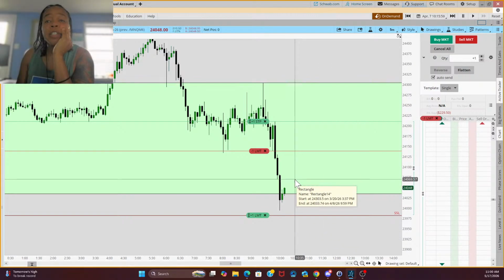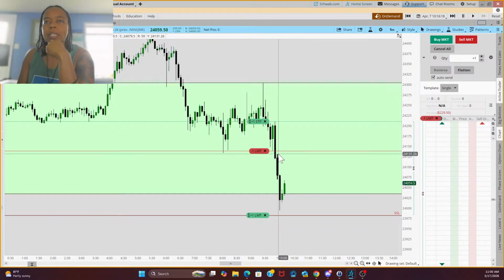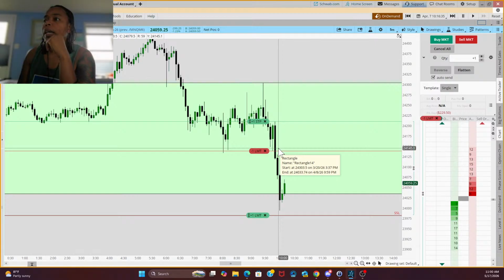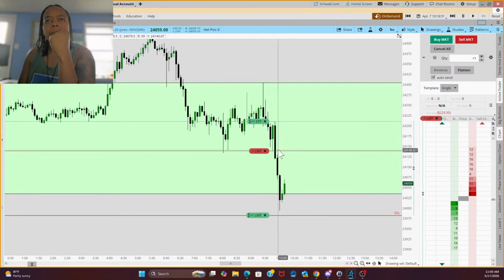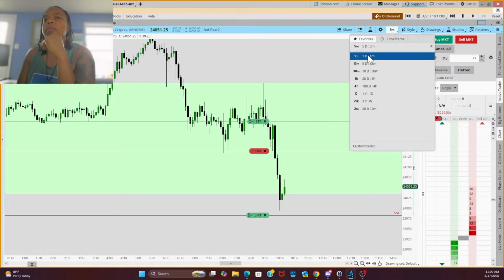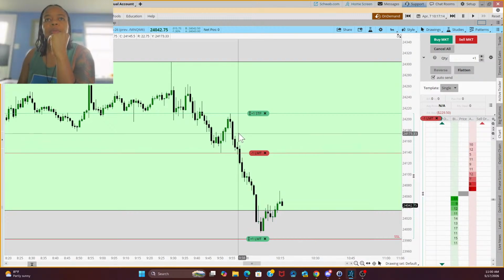Honestly, I've noticed, especially when they don't take my low, then if we got 1, 2, 3 fair value gaps, they'll probably tap into the fair value gap for sure. And usually for a retracement, I call this a continuation trade technically. I want to see them tap into the fair value gap and then leave me an aggressive candle.